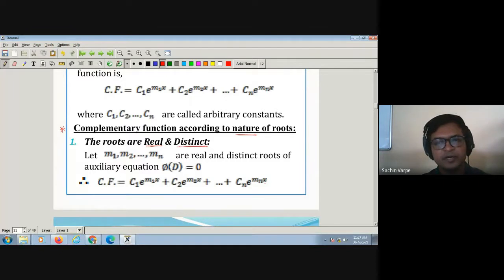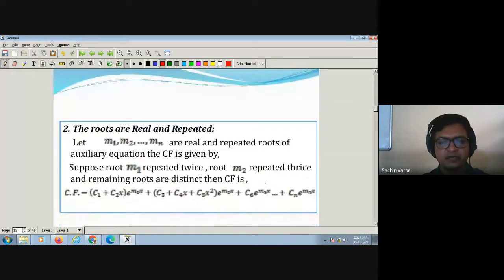But in case of repeated roots, we'll have the second formula. You just see here. The roots are real and repeated. For example, among these m1, m2, mn, the first two roots are repeated.